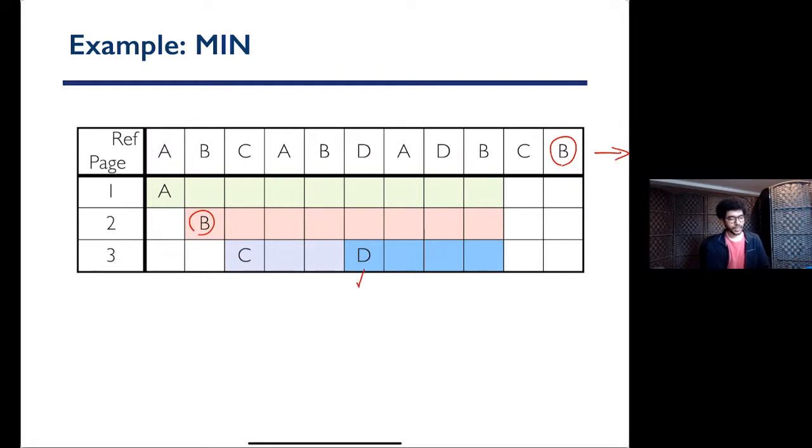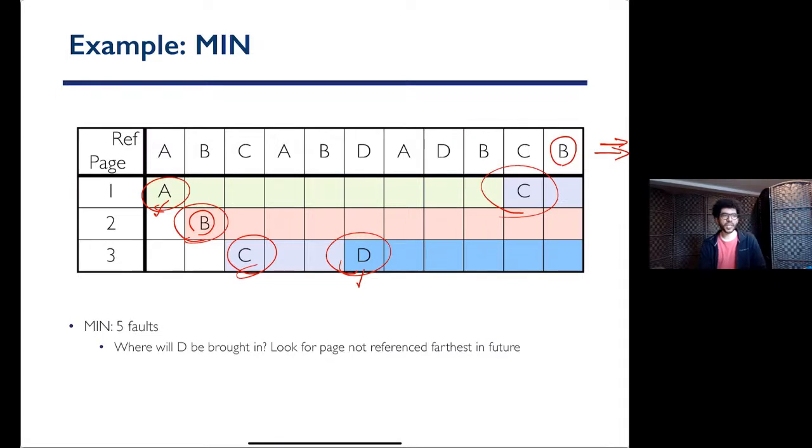I'm going to choose between A and D. I'm choosing A, assuming that A has not appeared in the future. So now how many page faults? 1, 2, 3, 4, 5. So with Min, I got 5 page faults.